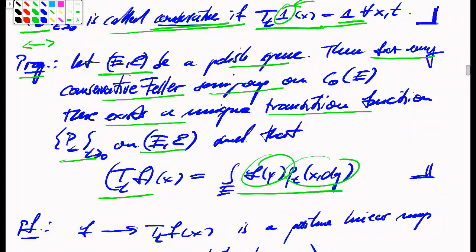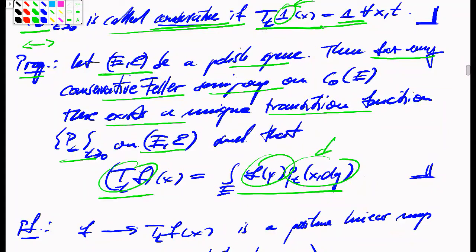In other words, transition kernels and Feller semigroups are the same, at least if these transition kernels enjoy the property that make the family T Feller.